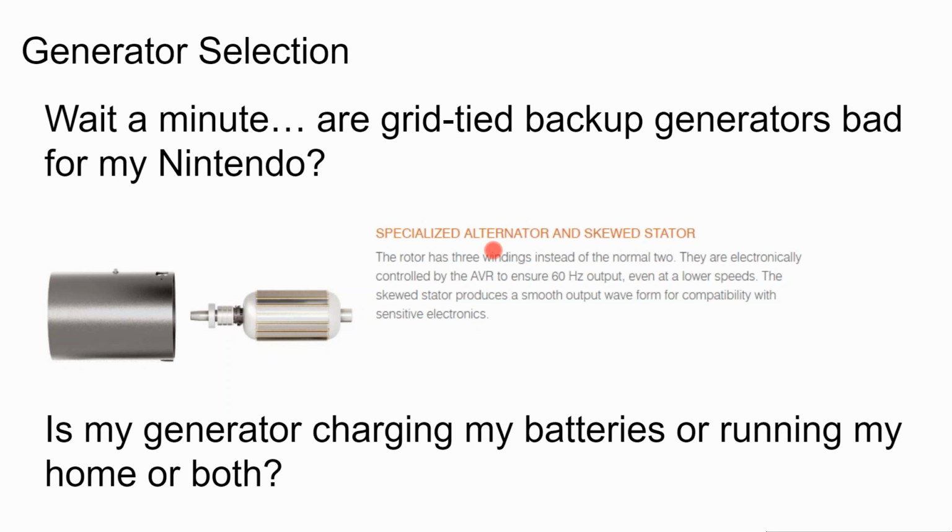And so renewable generators are designed to be running a home full-time, unlike a backup generator. But in a well-designed off-grid system, the generator really should only be used as backup. And so you don't need the full-time generator to do that.